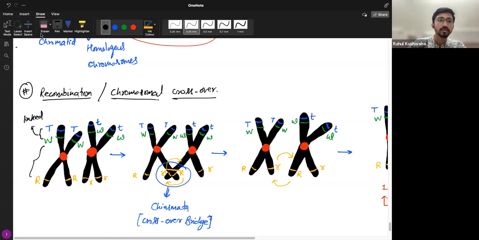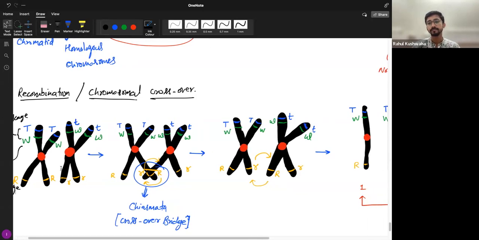They show higher linkage, and hence they show lower recombination. And these two genes show lower linkage, and hence they will show higher recombination. Is that clear, everyone?